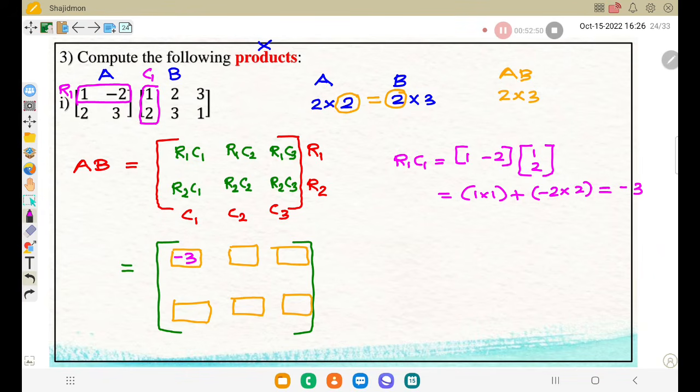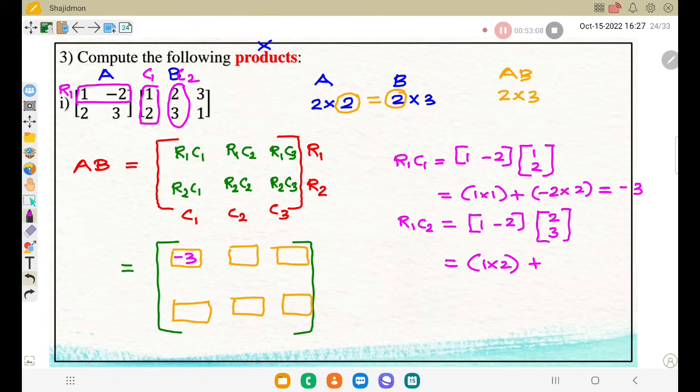Correct? Now R1 with C2, column number 2. So [1, -2], and column number 2 means [2, 3]. This is C2. So we will get 1 multiply 2 plus -2 multiply 3. You can check the answer: that is 2 minus 6, -4.